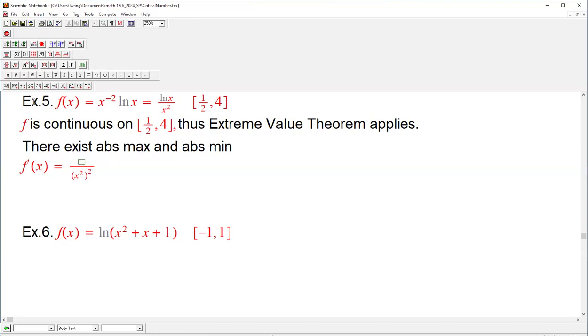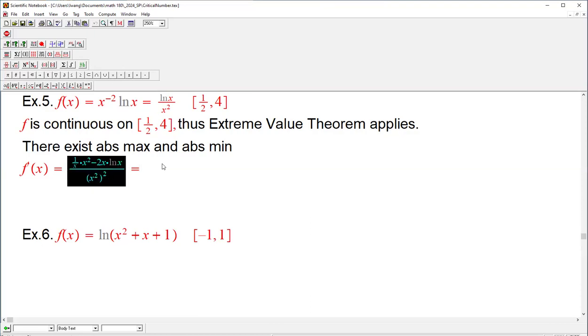The derivative of ln x is 1 over x, and multiply x squared, subtracting the derivative of the denominator, which is 2x, and multiply ln x. So what we get is x to the power 4, and x squared times 1 over x is x. So that's what we got, 2x times ln x.